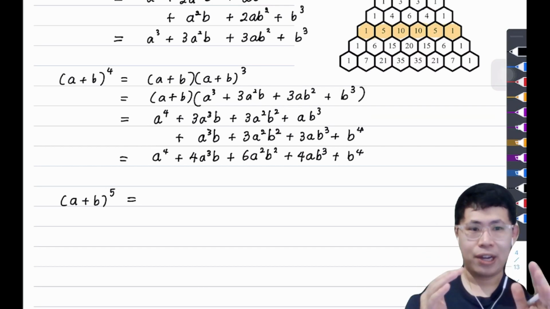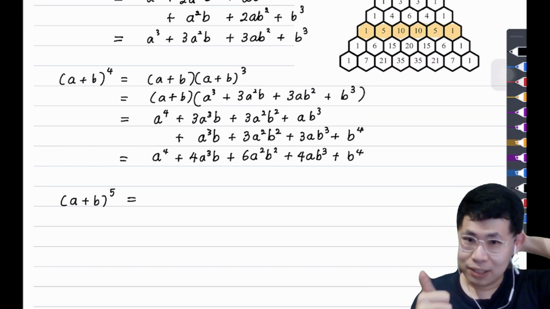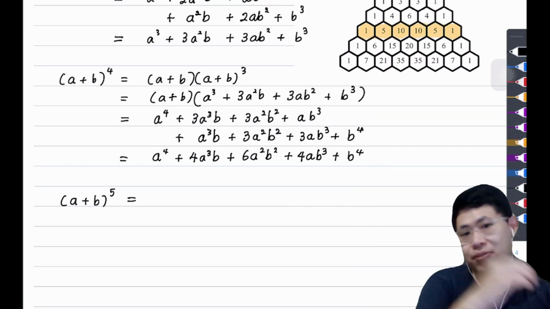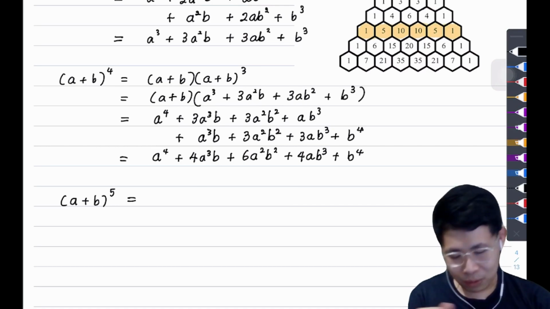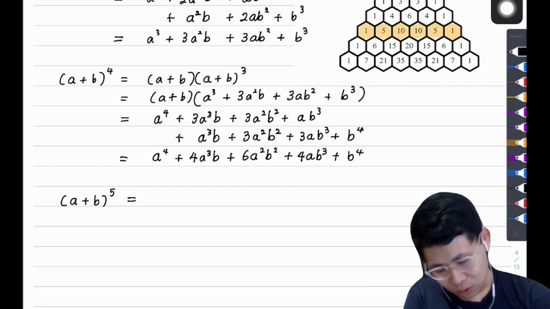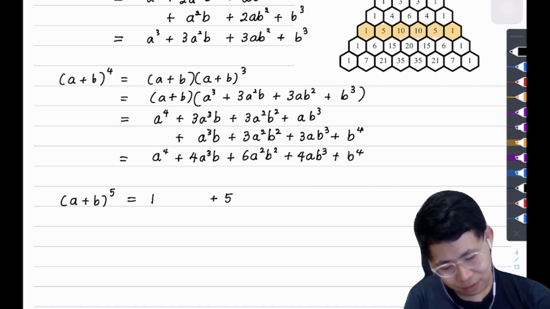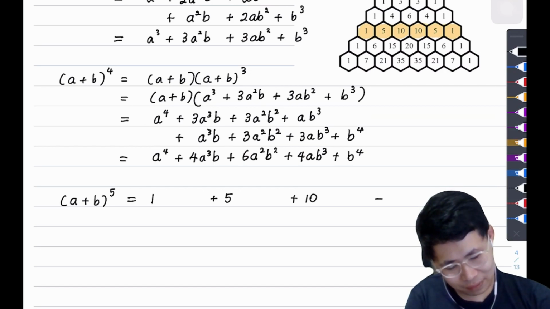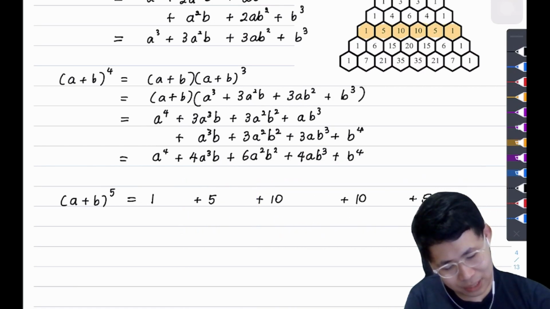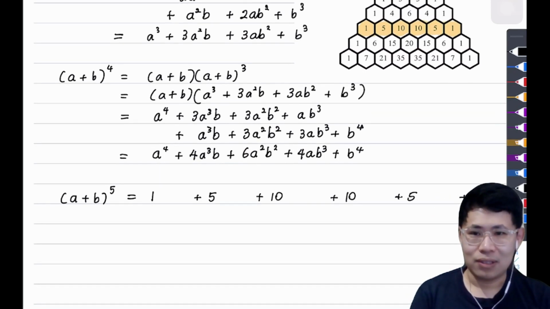So remember our trend: the coefficients follow the Pascal triangle, the powers of a will go down, and the powers of b will increase, right? So let's settle the coefficients first. I'm going to do 1, 5, 10, 10, 5, and plus 1 over here.